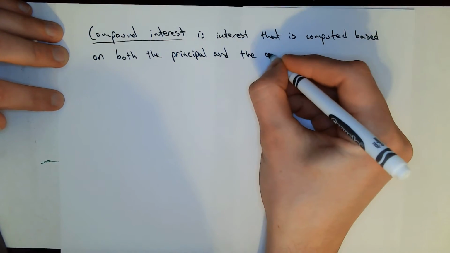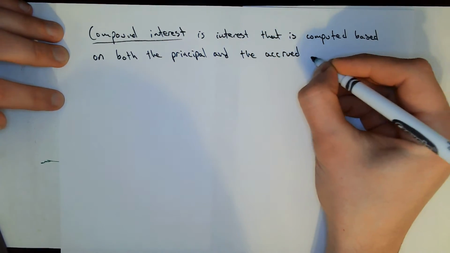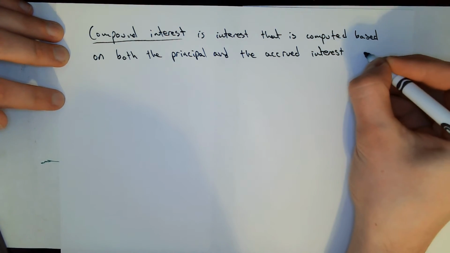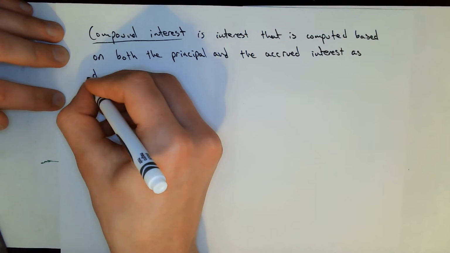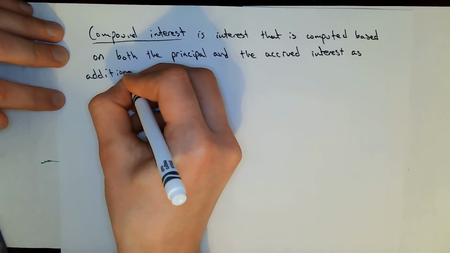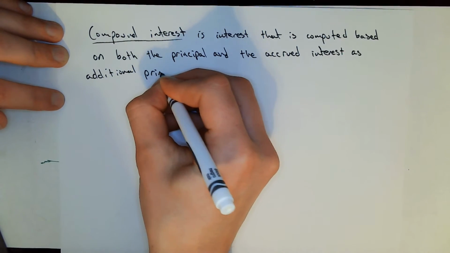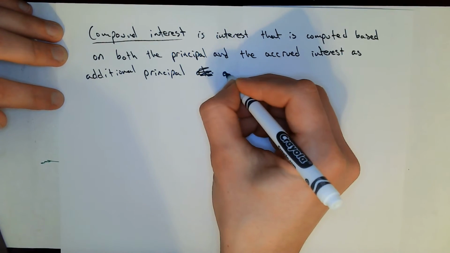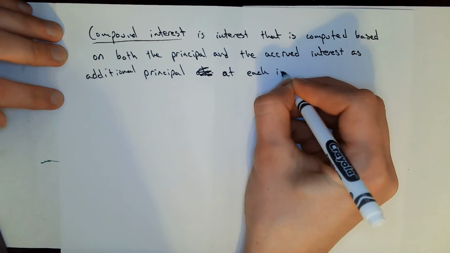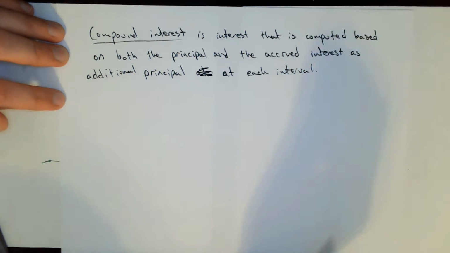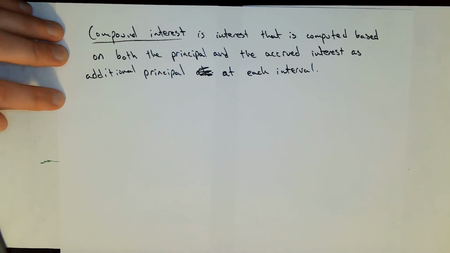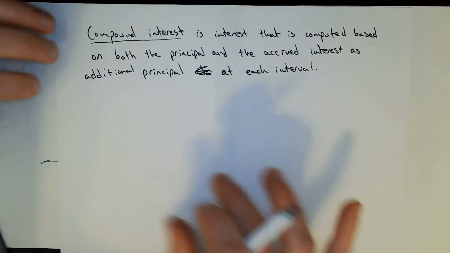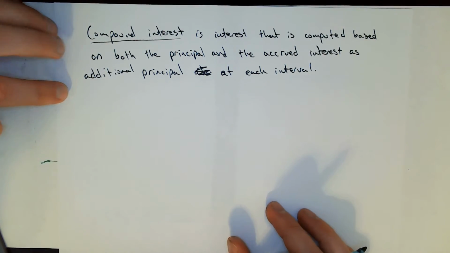The interest that was already gained, so the accrued interest, I always have trouble saying that word, as additional principal at each interval. Okay, so there's a bit more to say in this definition. I'm going to leave a little bit of space. We have a formula coming too.